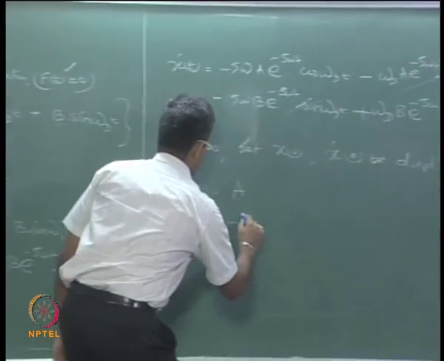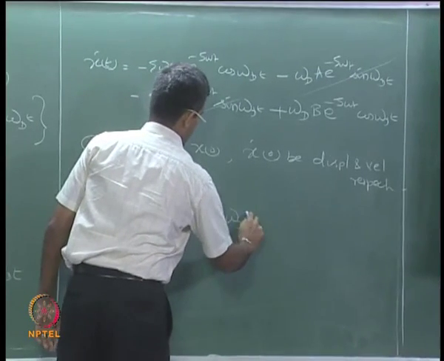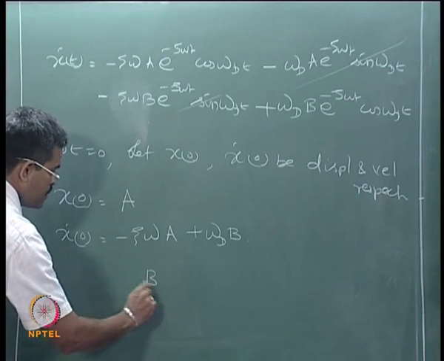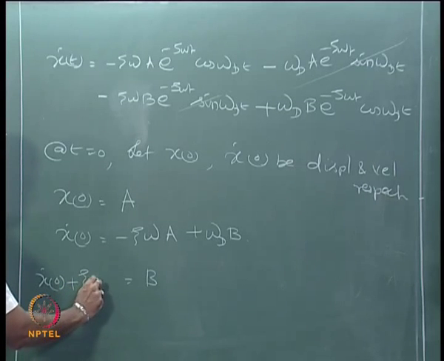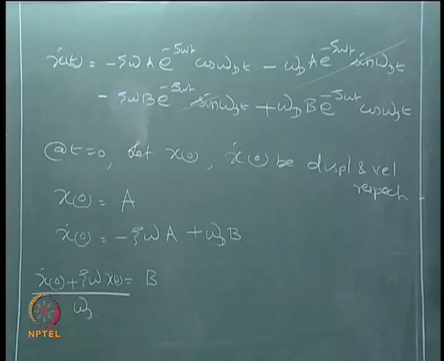So minus zeta omega a plus omega d b. Second, evaluate b as x dot 0 plus zeta omega x 0 by omega d, substituting for a as x 0.